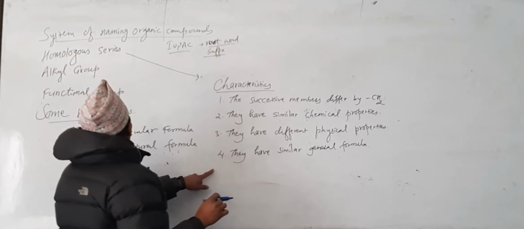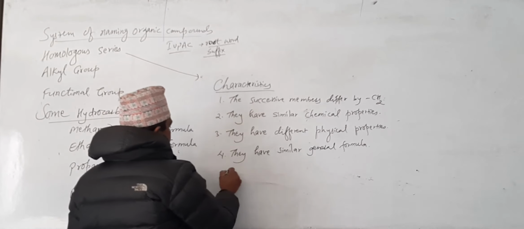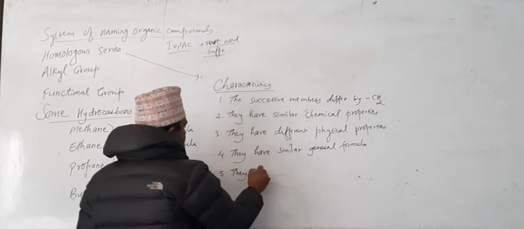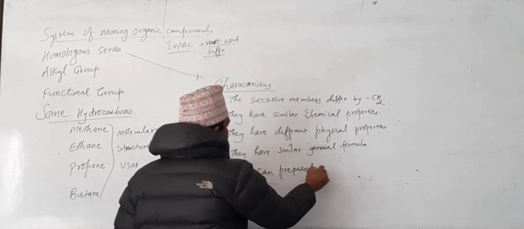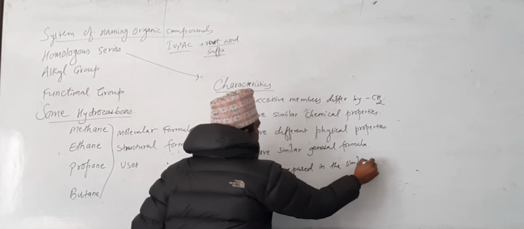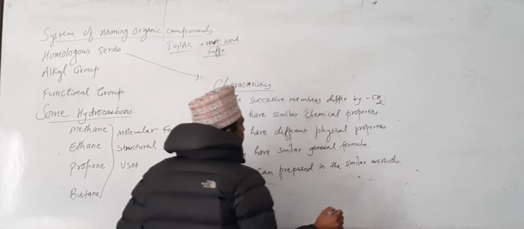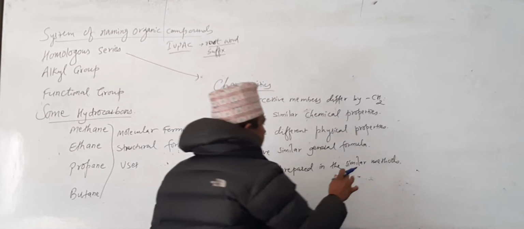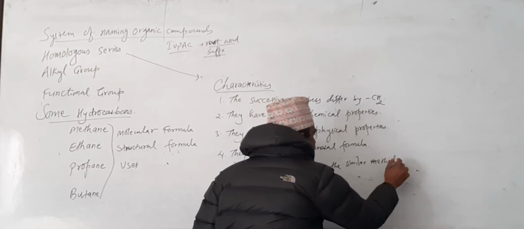So in homologous series, their general formula is similar. Number 5, they can be prepared in similar methods. It means their method of preparation is also the same, similar methods.